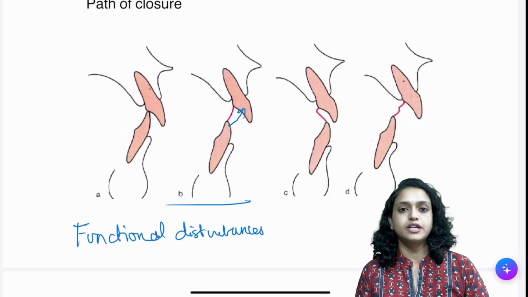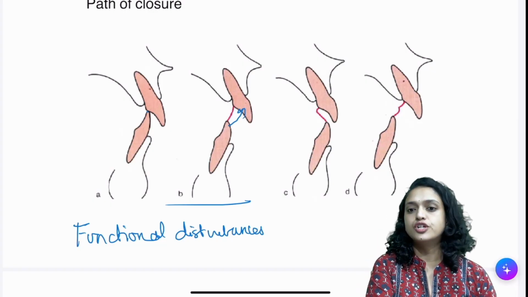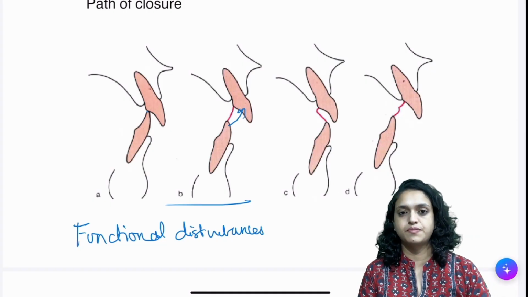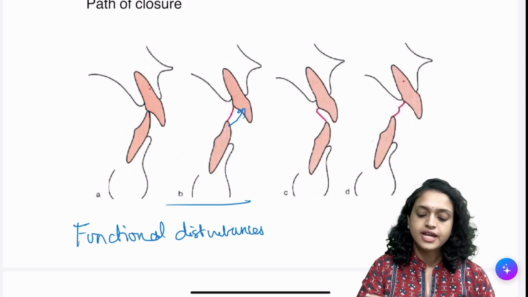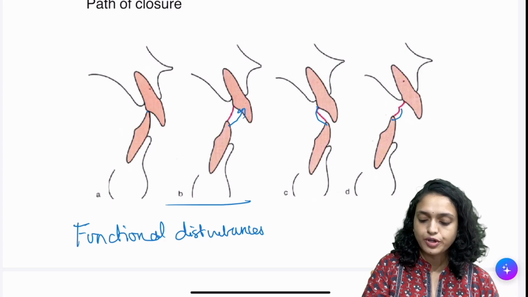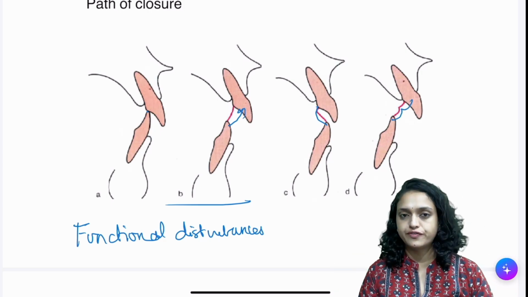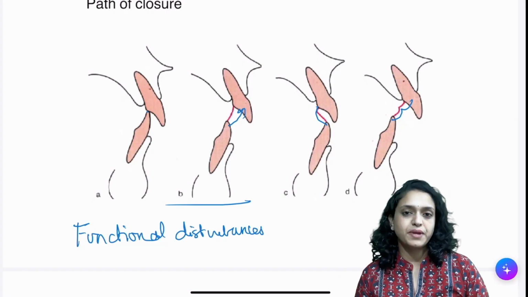For everybody, the normal path of closure from the postural rest position to the point of maximum intercuspation is upwards and forwards. In some malocclusions, it can be upwards and backwards, or in some situations, it can be twofold like this due to the interference. So we need to know what type of path of closure the patient has.